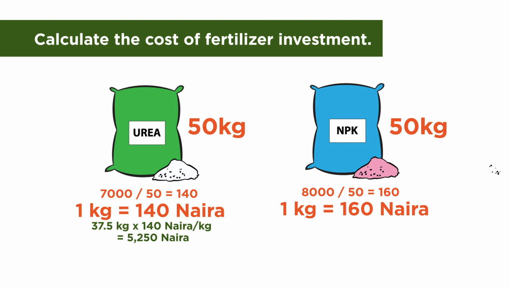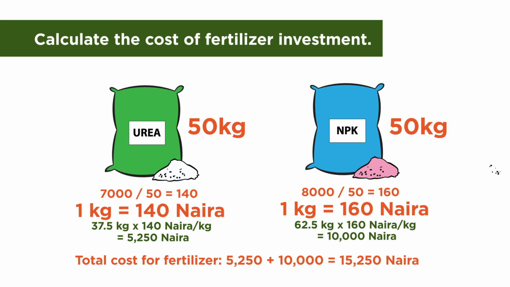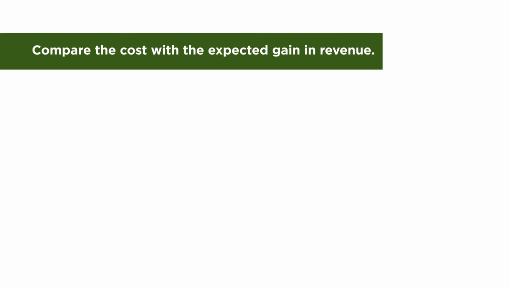And the cost of NPK 15-15-15 will be 62.5, the required amount of NPK, times 160 naira, the price of NPK per kilogram. That's 10,000 naira. That means that the total cost of fertilizer for his field will be 5,250 plus 10,000, which equals 15,250 naira.